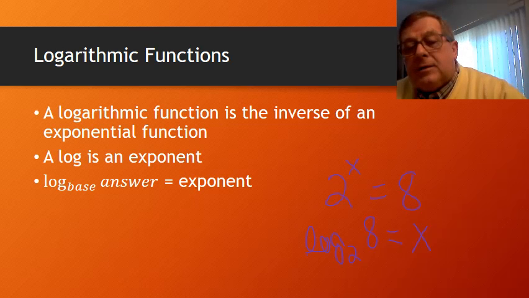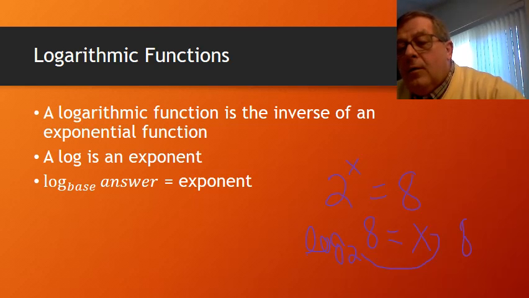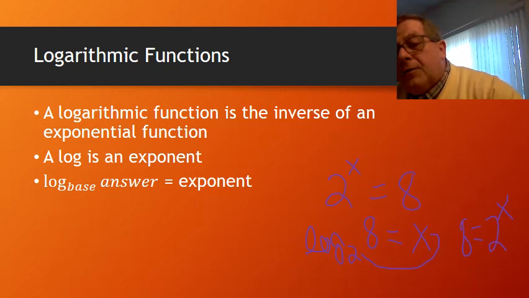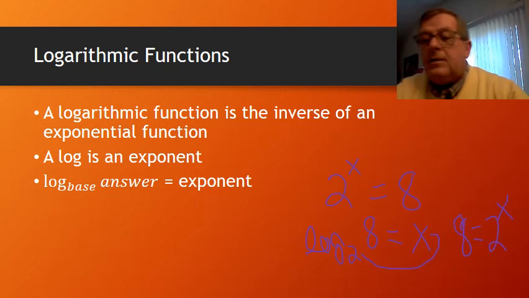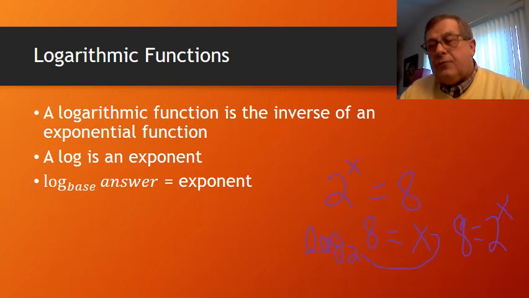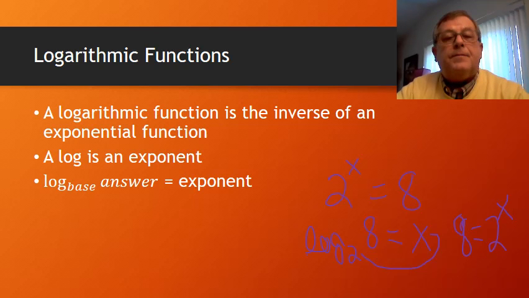And if I'm going to set out to solve this, I can use this little curly Q thing. And then I could say that 8 equals 2 raised to the power of x. And from there, on this particular one, we can solve this because we know that 2 times 2 is 4, that's 2 squared, and 4 times 2, or 2 cubed, is equal to 8.